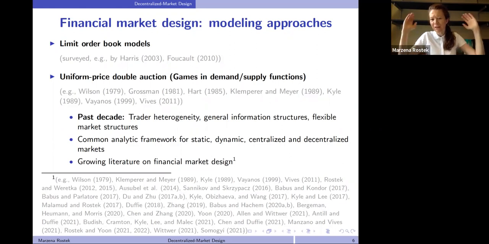It turns out that the trader's price impact, which is an endogenous variable, it depends on the behavior of other market participants, is the sufficient statistic for the decision. Right? So hence the possibility for the equivalence.